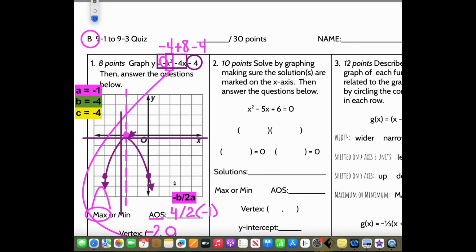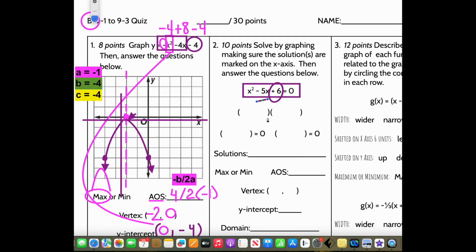For question number 2, we have a quadratic equation here that can be factored. The only way we can get a positive c value and a negative b value is to have both of these factors in the binomials be negative.